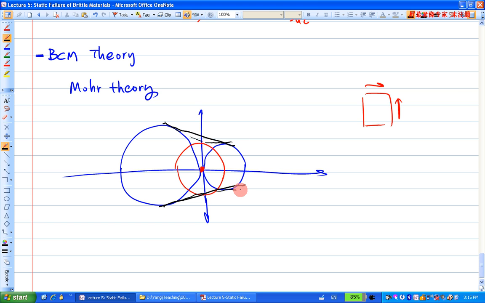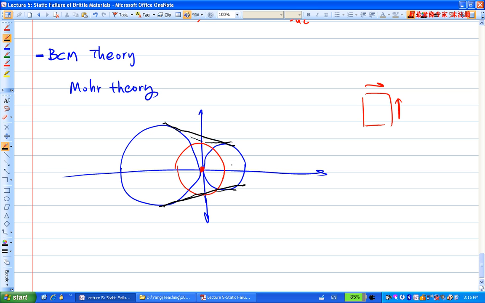Then, as you start to do a shear test, as long as the middle circle becomes tangent to this line, I would call that failure. So that's the Brittle Coulomb theory.